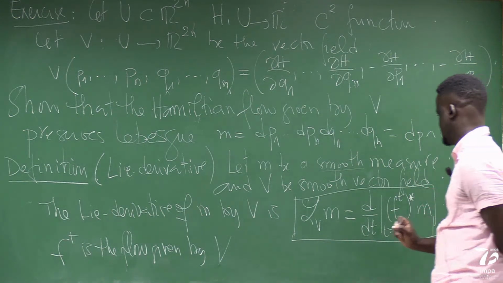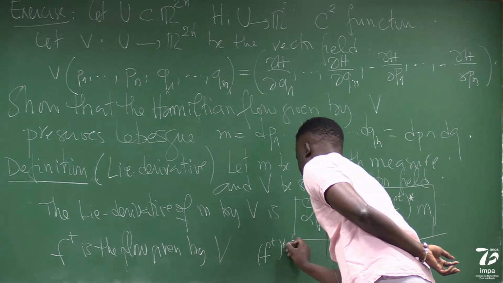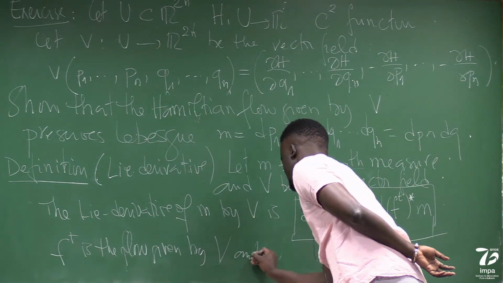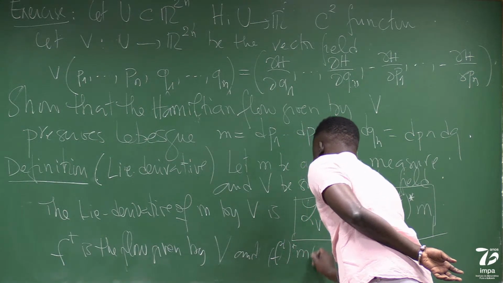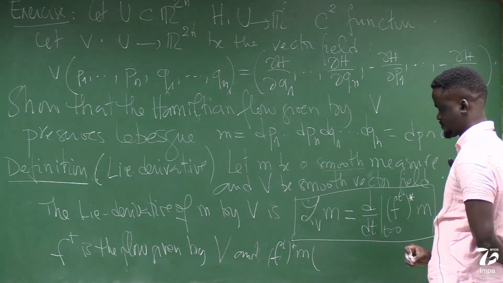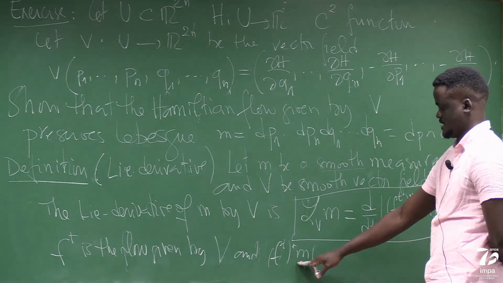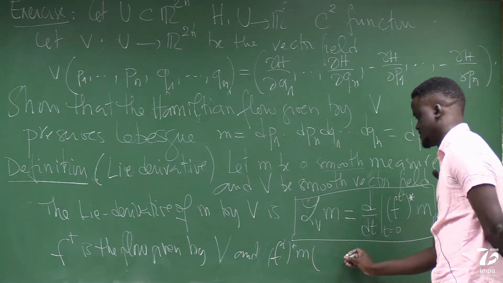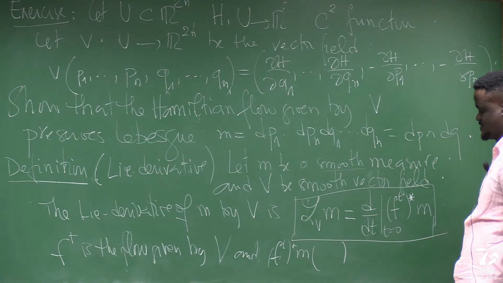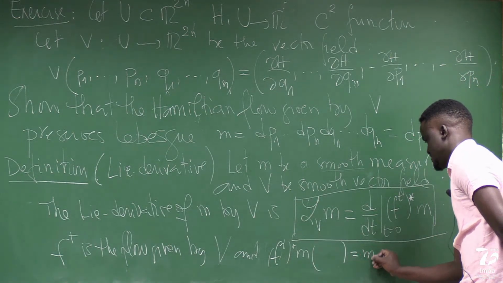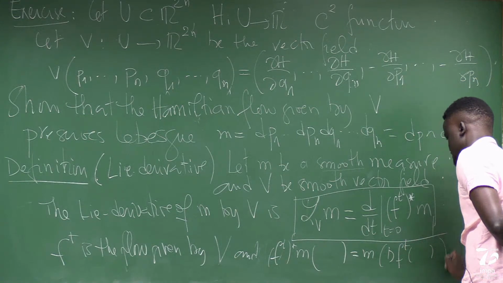You can just see that F_t star M, when I said it's good to see this as an n-form, if you apply this to some n vectors, is M at dF_t applied to what you had here.